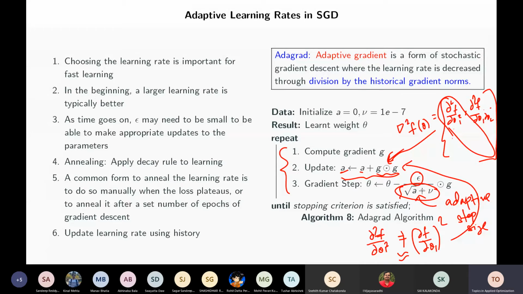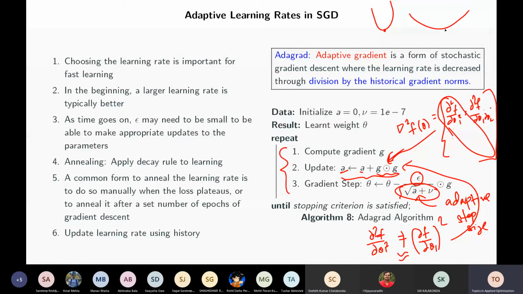Behind this is the idea that if the curvature is getting very high, then my step size should decrease. If my curvature is like this, then the second derivative will be very high here.